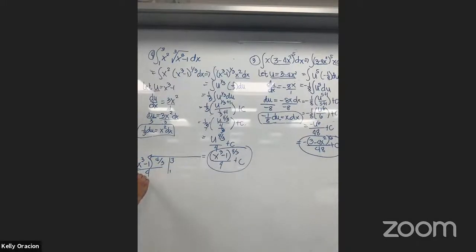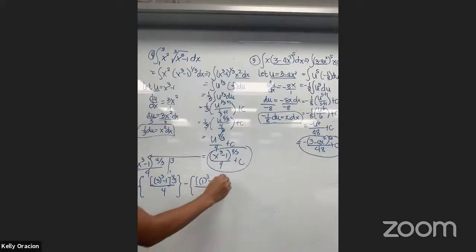So you have 3 cubed minus 1 to the 4 over 3, over 4, minus, the lower limit is 1, 1 cubed minus 1 to the 4 over 3, over 4. Then simplify.